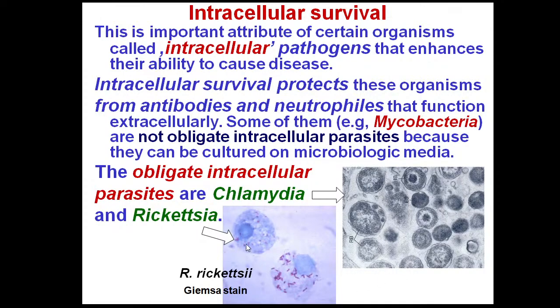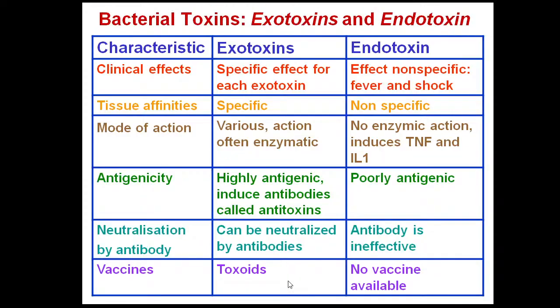And then also rickettsia. These are small rods seen by Gimenez staining. And they occur inside the cell, so that's why they will not be easily digested by phagocytes, for example, and so on.